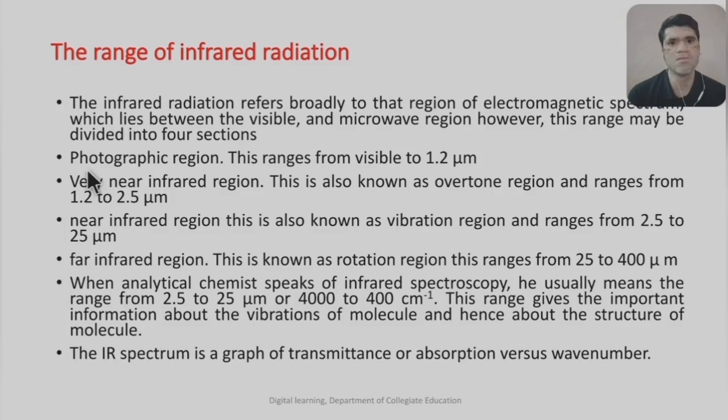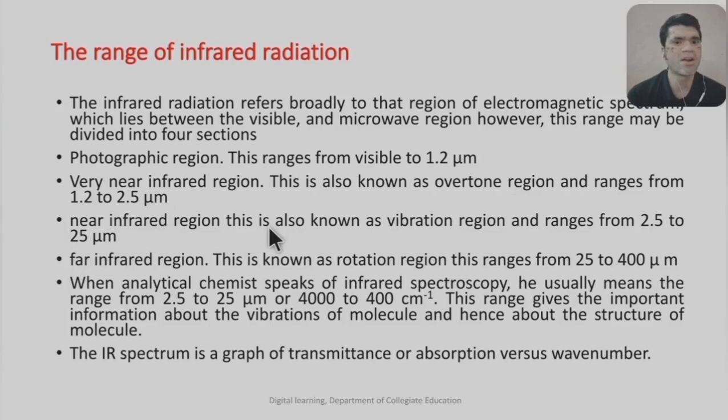The first one we call the photographic region, which ranges from visible to 1.2 micrometer. The very near infrared region, also known as the overtone region, ranges from 1.2 to 2.5 micrometer.